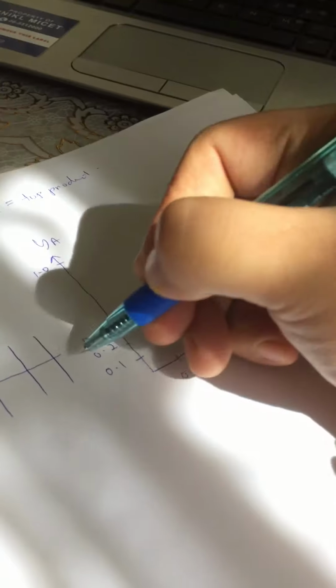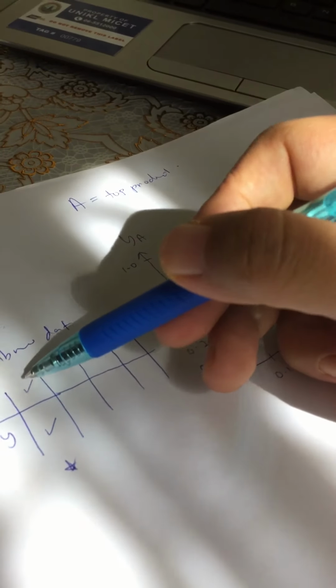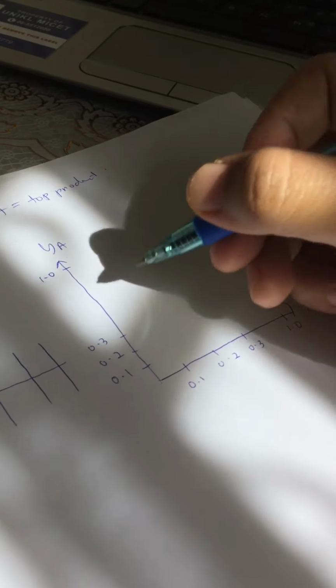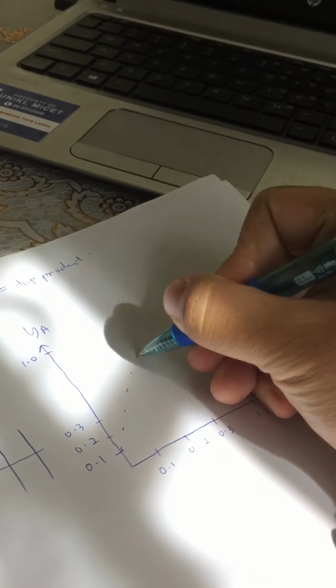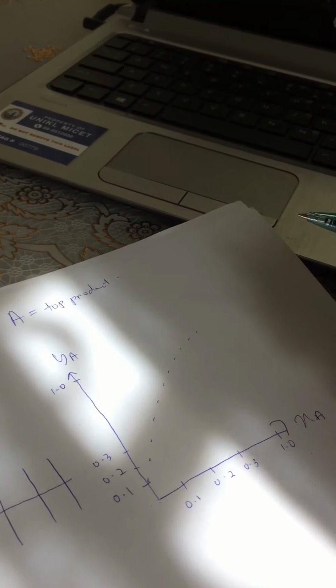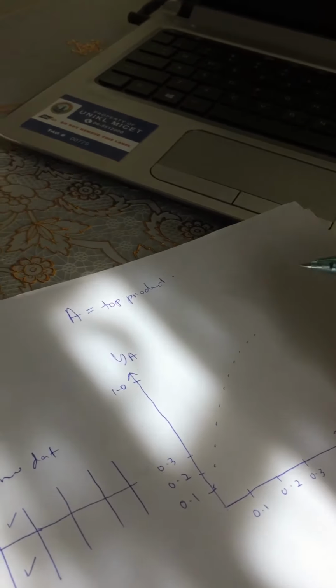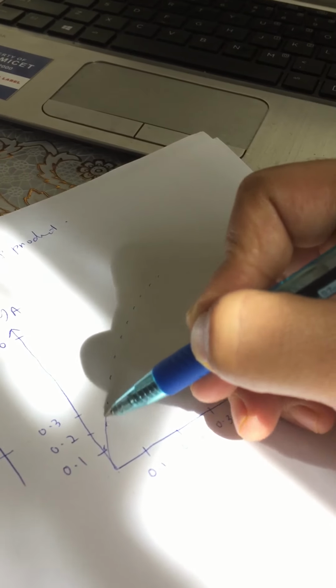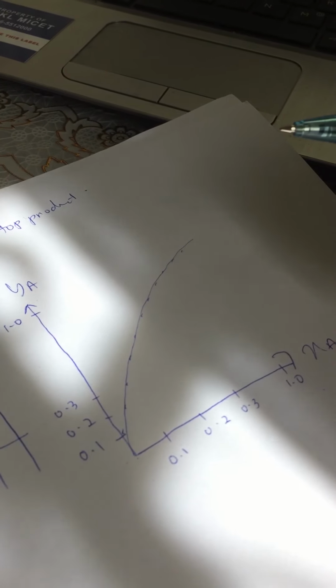If you plot all of the values given in the question in your graph, you will get several points plotted. Normally it will be a curve. So what you need to do is just join all of the points that you have plotted in the graph.